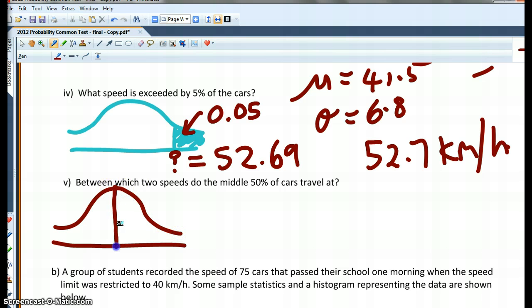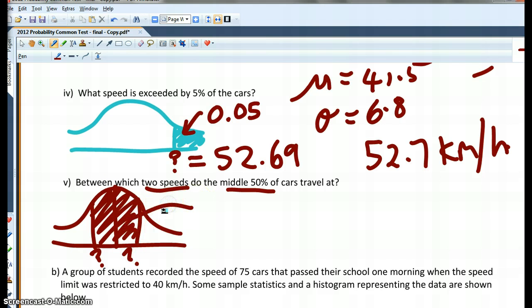So what it's saying here is, which two speeds do the middle 50% of cars travel between? So the middle 50% is in here, and we're looking at what's this and what's this. This area here is 0.5.